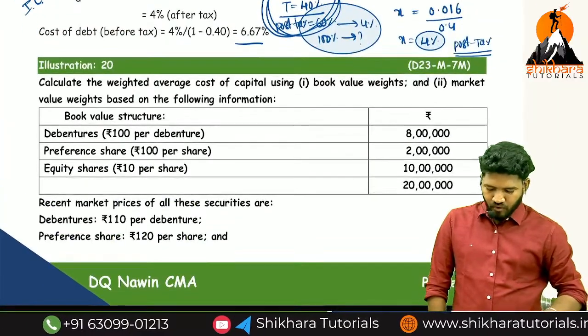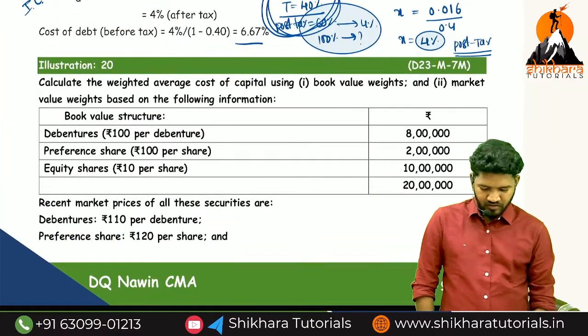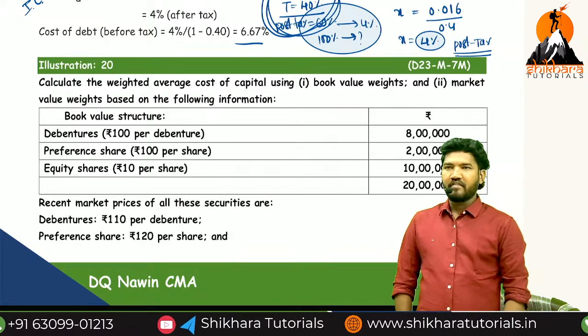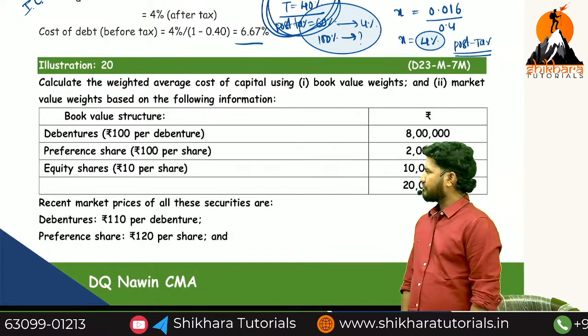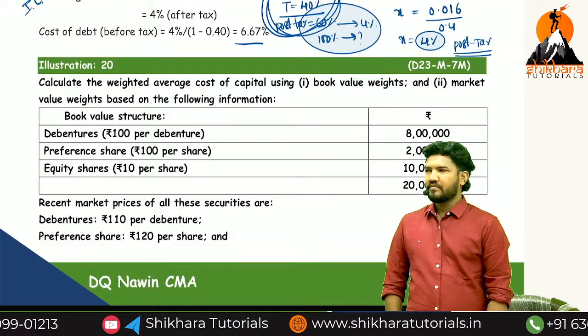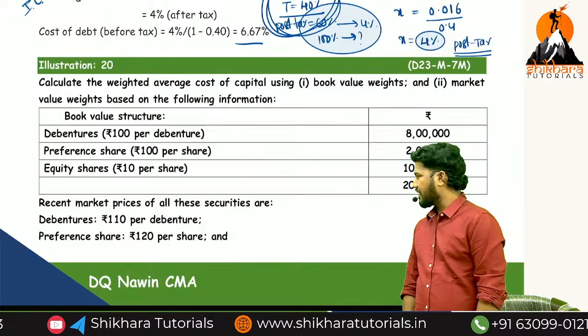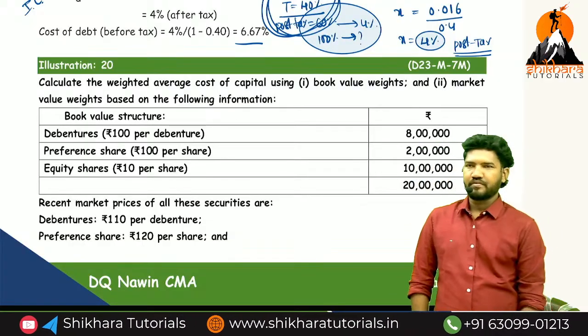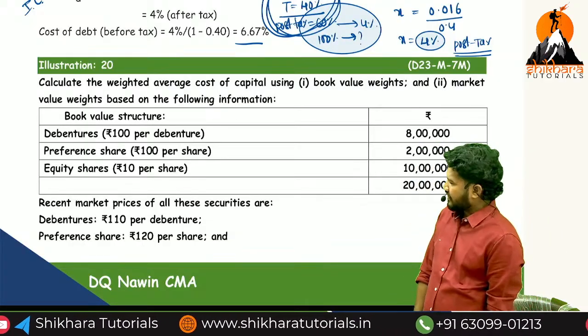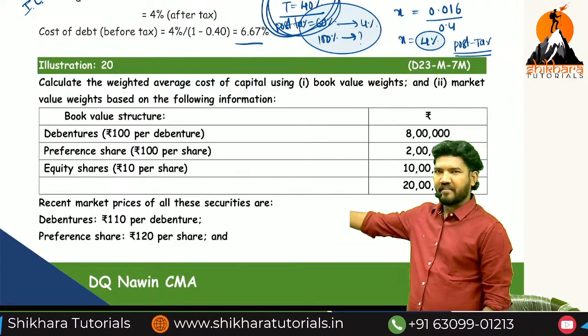Next, how to calculate the number of preference shares? Book value divided by 1 share value. 2 lakh divided by 100, 2000 preference shares. What about the market price? 120 rupees. Sir, preference share 100 rupees per share is given in the question paper, na?